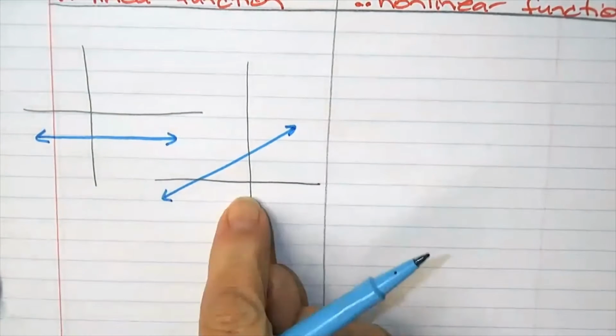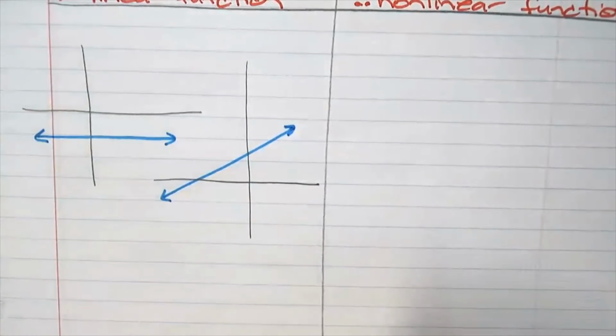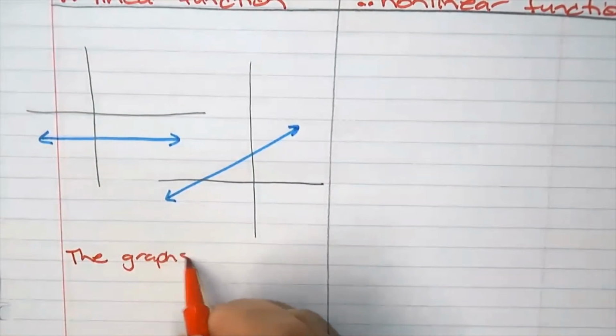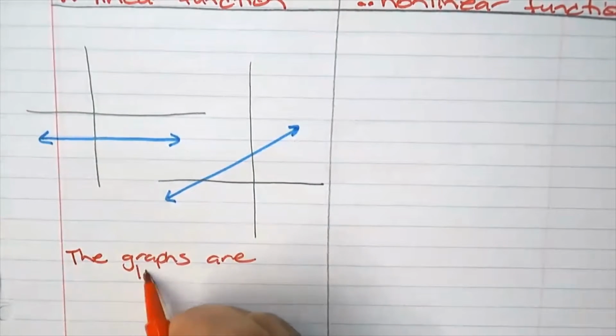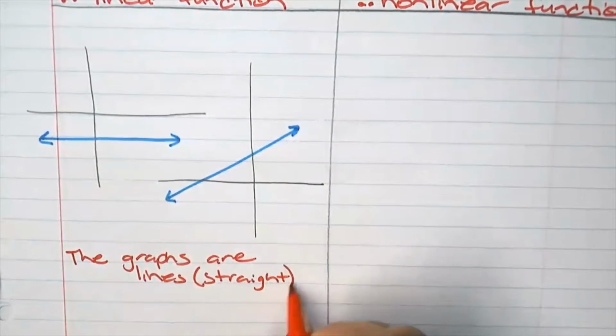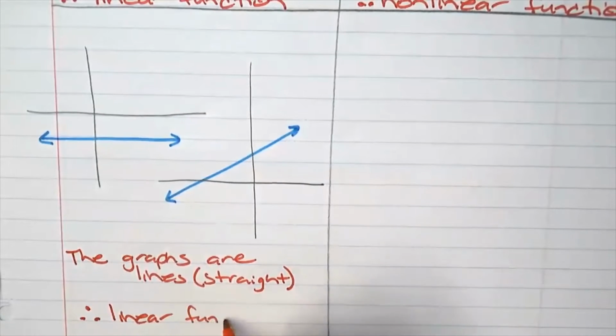This is also a linear function as a graph. The graphs are lines. That means they're straight. Therefore, they are linear functions.